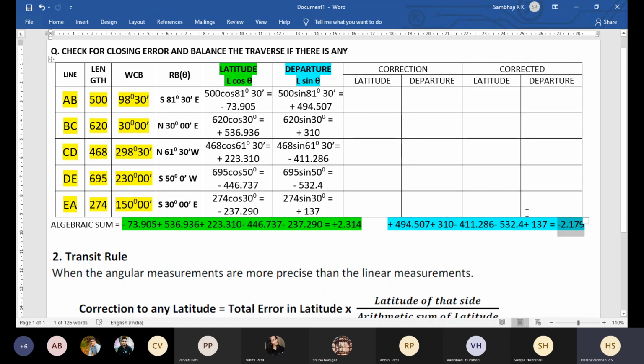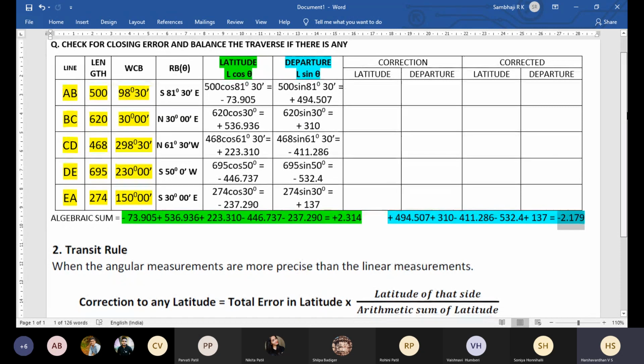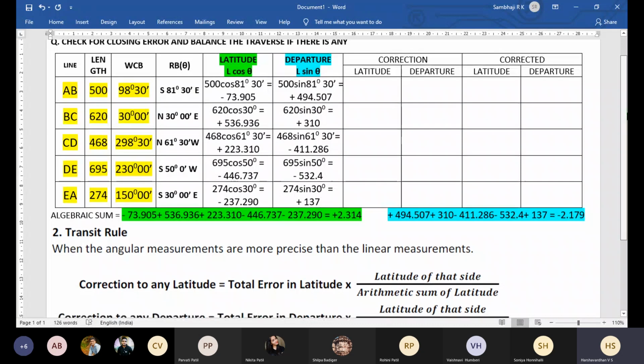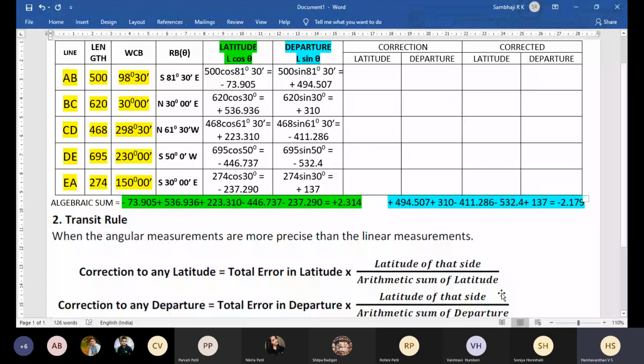To calculate correction from the transit rule, correction to any latitude is equal to total error in latitude multiplied by latitude of that side, divided by arithmetic sum of latitude.